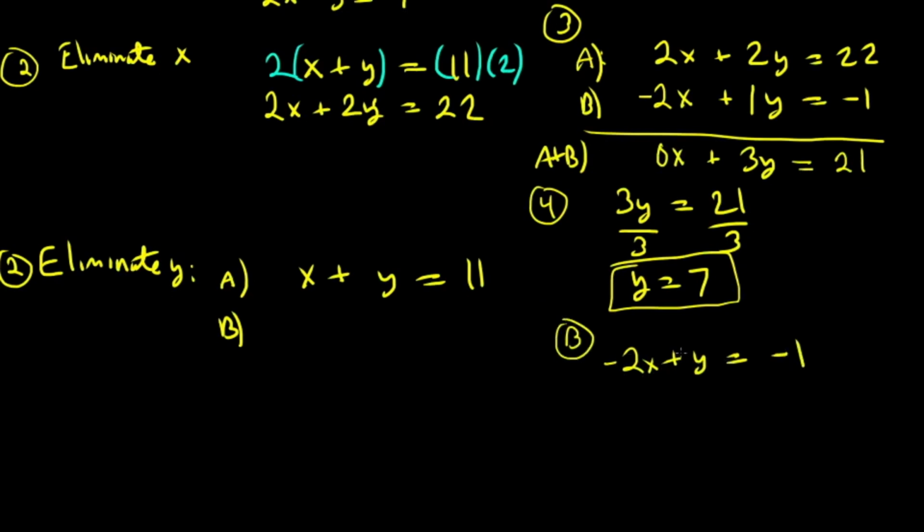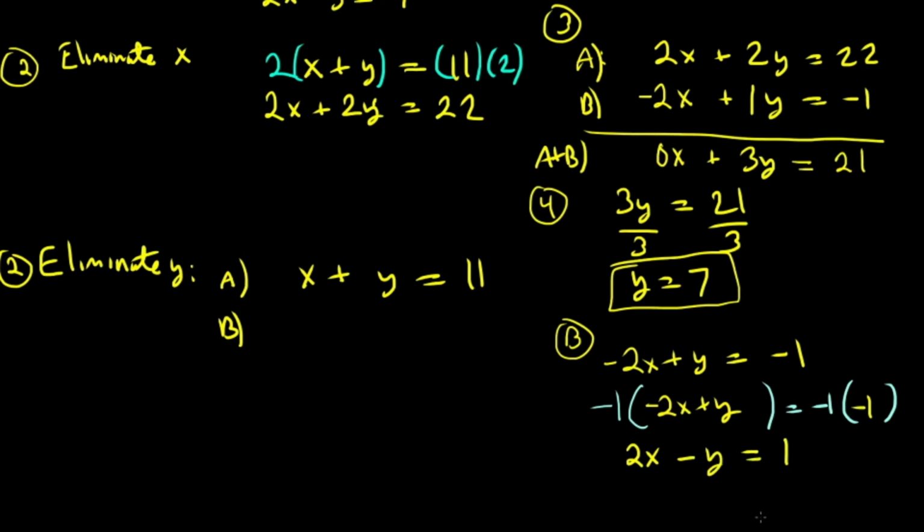And if we want to make this a negative sign, we have to multiply both sides by negative 1. There we go, right? So negative 1 times negative 2x is positive 2x, and negative 1 times y is negative y, and negative 1 times negative 1 is positive 1. So we get 2x minus y equals 1.